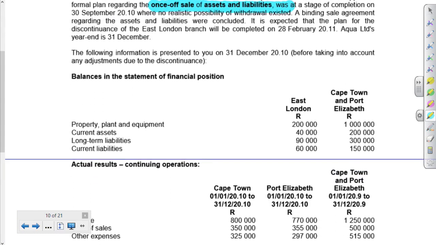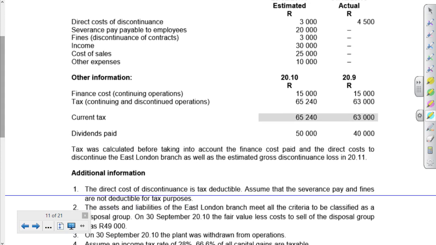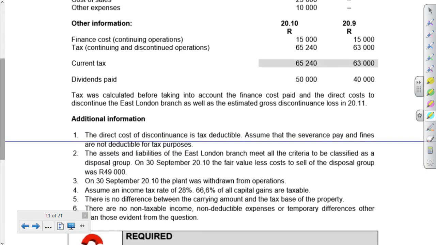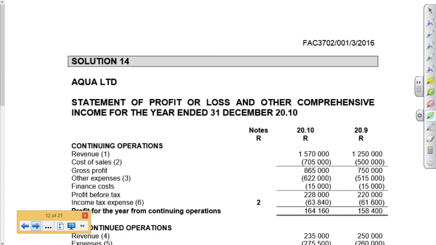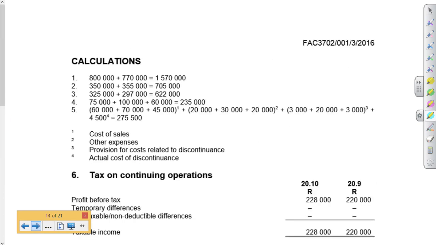When I look at the information about the disposal group, it's here. The assets and liabilities met the criteria to be classified as a disposal group, and the fair value less costs to sell was 49. So they have to do a calc to work out the disposal group loss, isn't it?